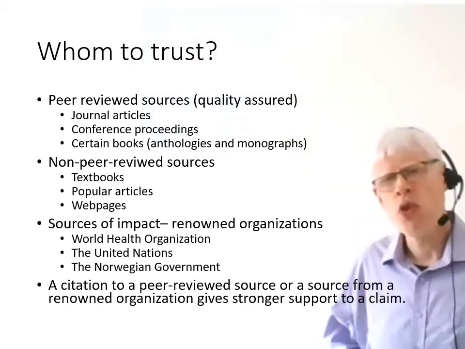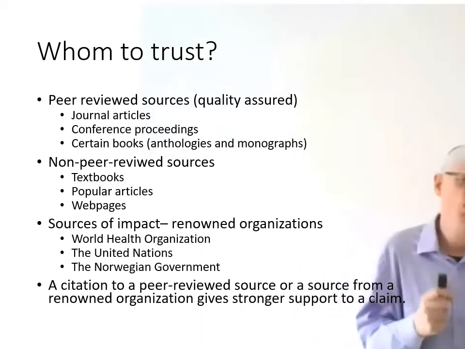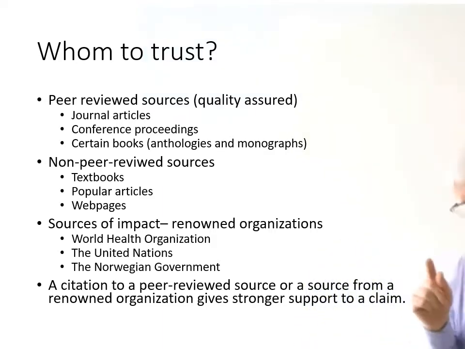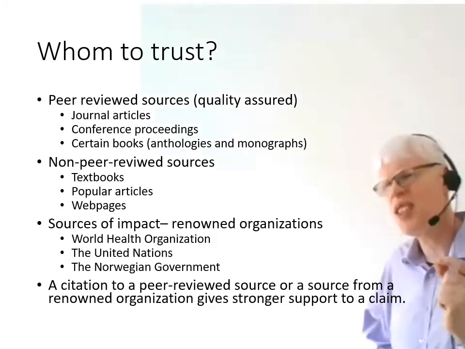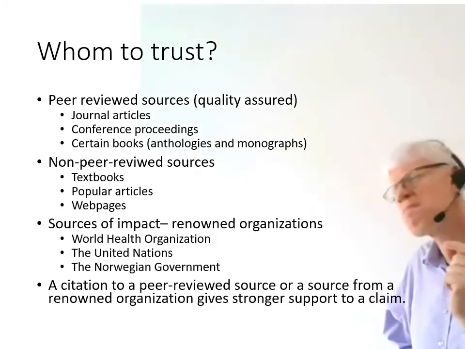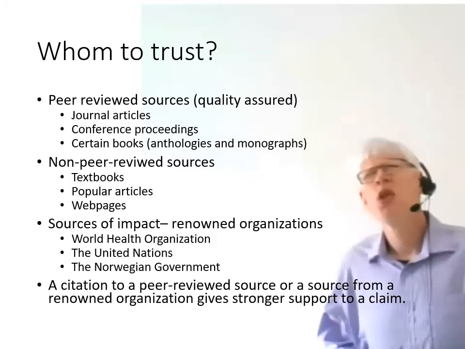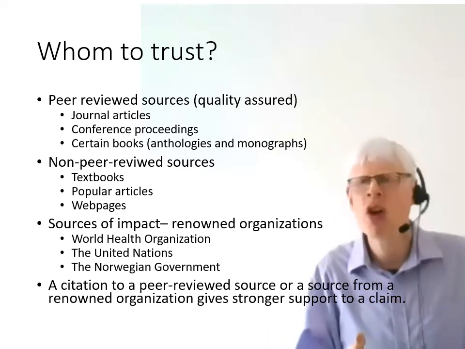The second group of sources are what I would call non-peer-reviewed sources. And this is what you have to watch out for. And this is what students typically cite, especially bachelor students, but also some master students. And this is what makes examiners say, not good at all. This includes things like textbooks, like Introduction to Java Programming is a textbook.